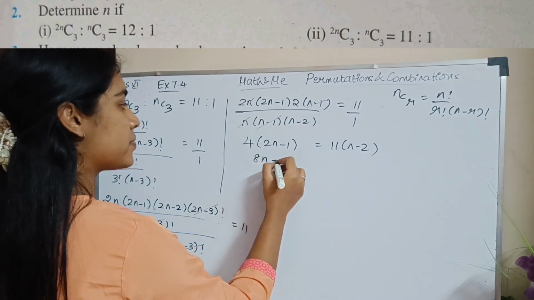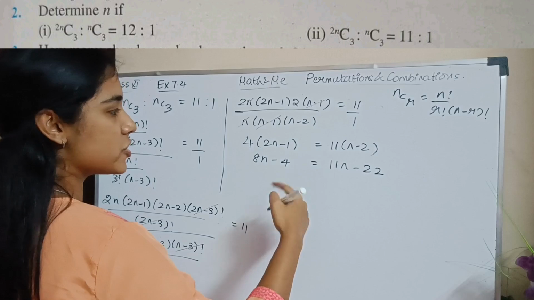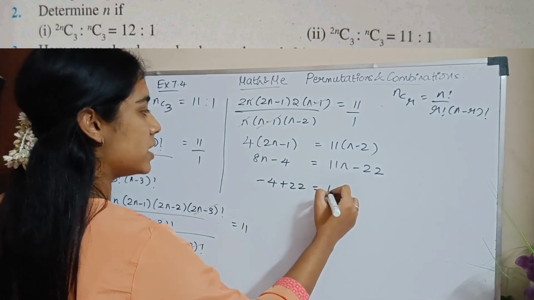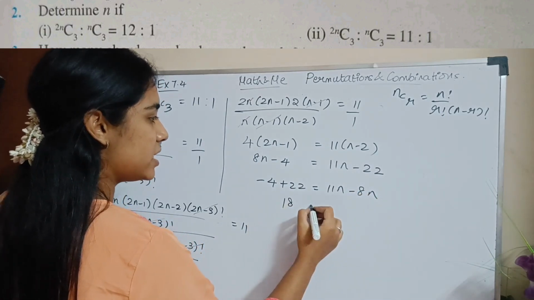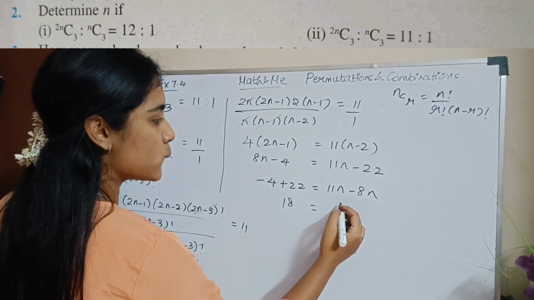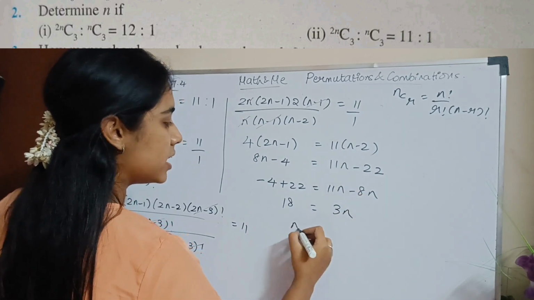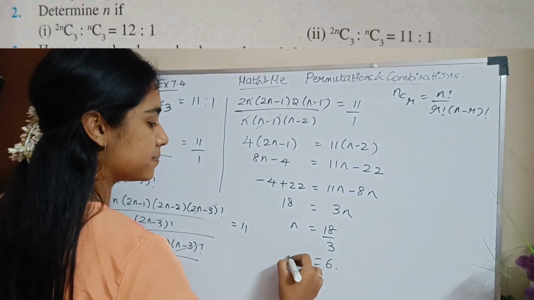So 8n minus 4 equals 11n minus 22. Taking n to one side, minus 4 plus 22 equals 11n minus 8n. So I have 18 equals 3n. n equals 18 divided by 3, which is 6.